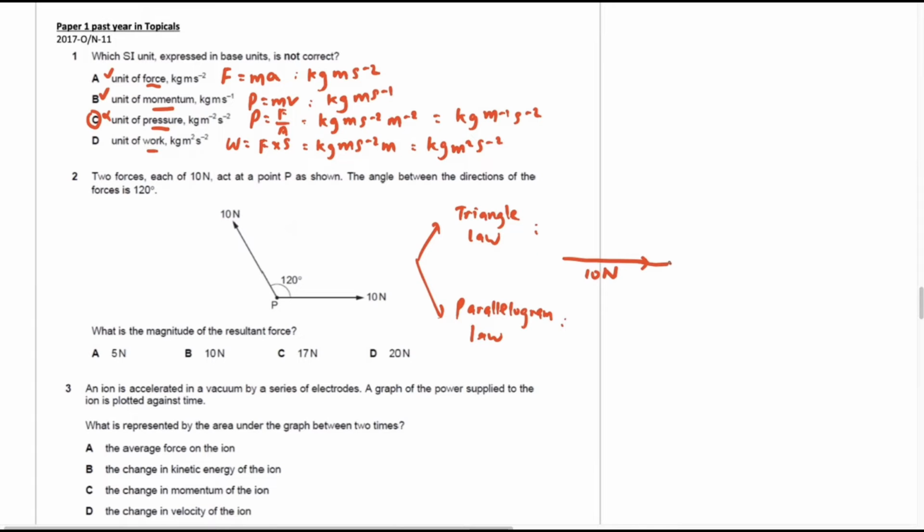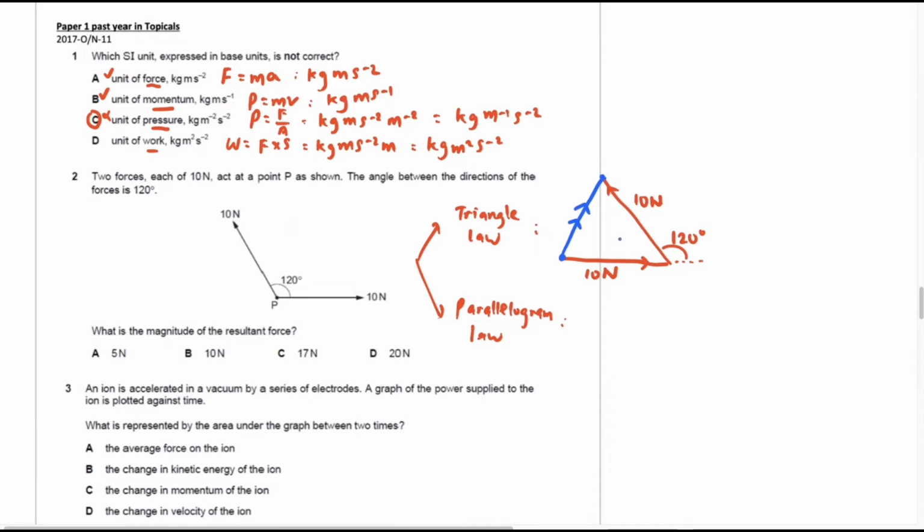Let's draw a bit more up here. So 10 Newton. So this is the head-to-tail method of the triangle law. Of course, when you draw, you need to know the angle here from horizontal is 120 degrees. And the resultant force is from the starting point to the end point, which is this. This is the resultant.